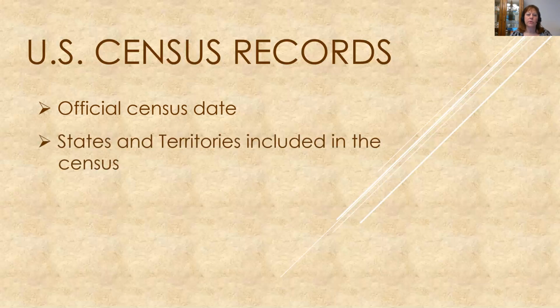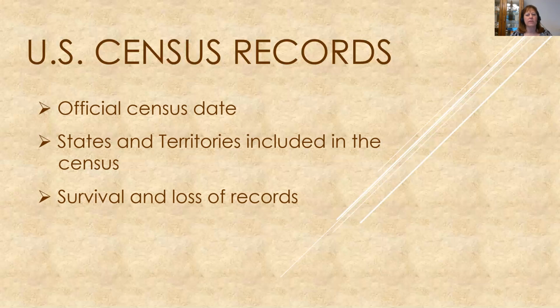It is also important to note which states and territories were included in the enumeration of any given census year. The United States only began with 13 original states and added new territories and new states over the years. Boundary lines were continuously changing, and you need to keep that in mind when researching the early census records. The other issue was that not all schedules that were taken have survived.